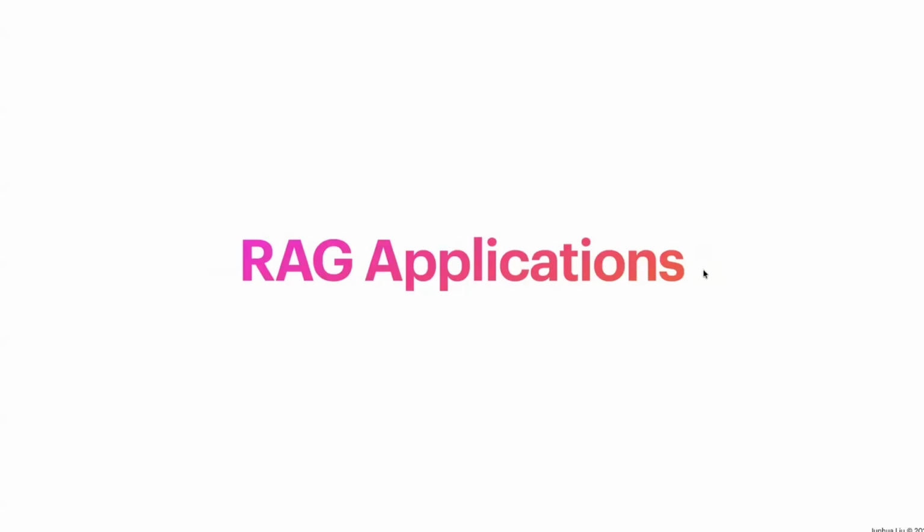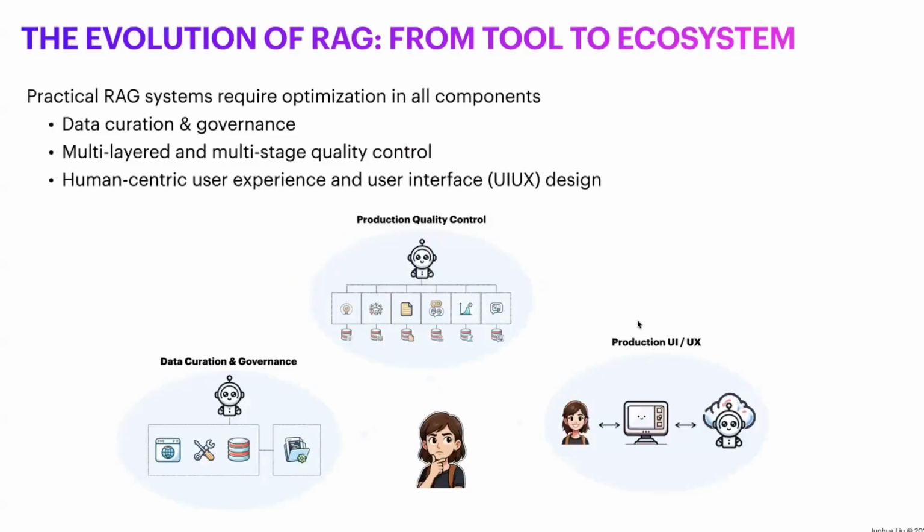The next part, we will talk about some industrial RAG applications and witness the practical considerations we need to have while developing such useful applications. We will also go through some high-level implementation of the RAG system and the learnings that we can get from it. Now let's get started. Okay, practical RAG systems require optimizations in all the components that we earlier mentioned, that there are five components.